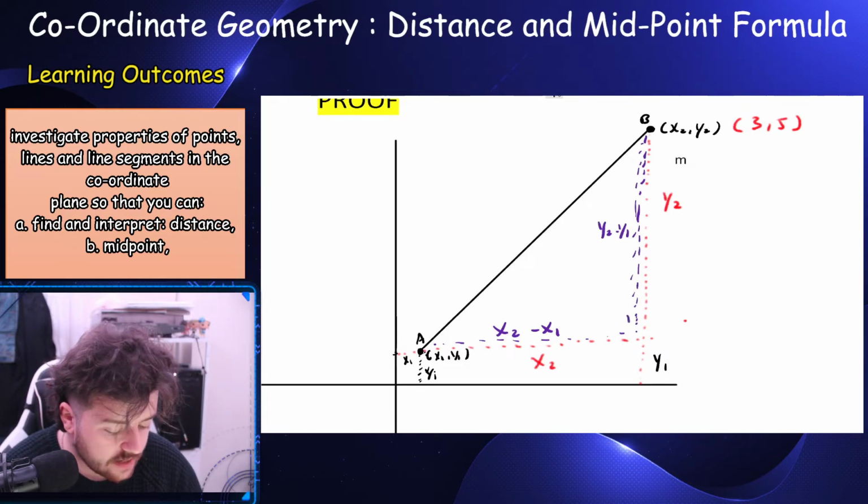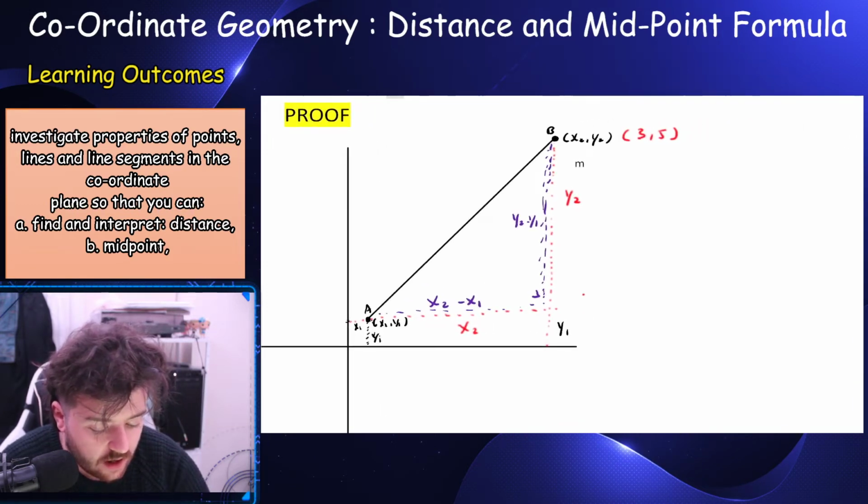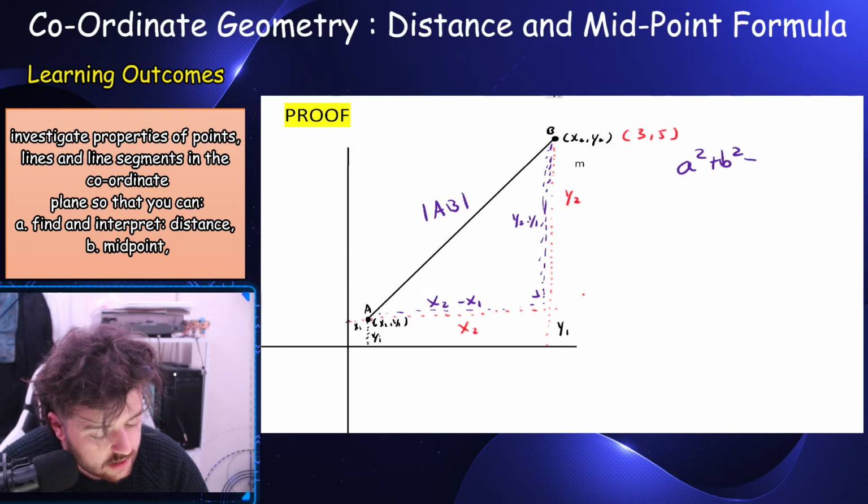They're perpendicular to each other, so they make a right angle. I'm going to call this length AB. If you recall, Pythagoras' theorem is a squared plus b squared is equal to c squared.